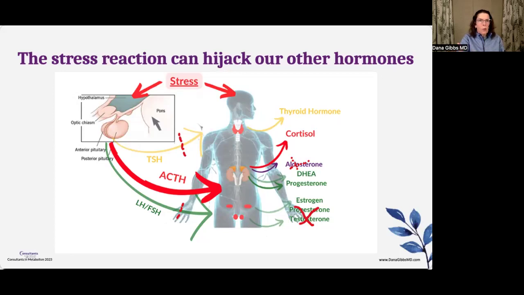Another reason why hormones get dysregulated when there's high cortisol is that the adrenal glands and the sex organs use the same precursors. All the raw materials come from cholesterol, and they go through something called pregnenolone and then progesterone. And then progesterone goes to all of these other hormones.